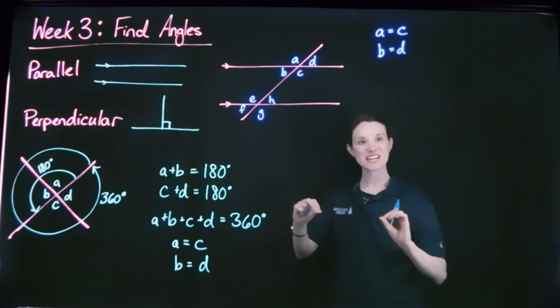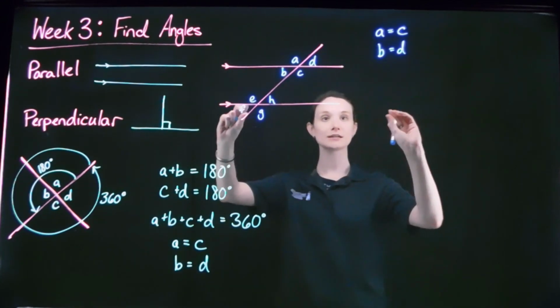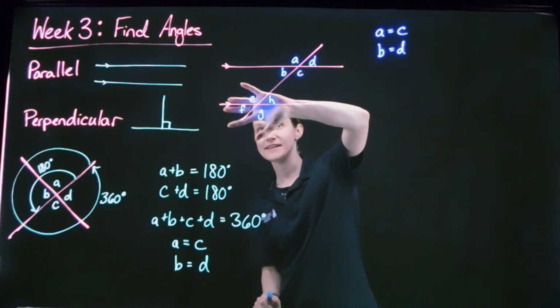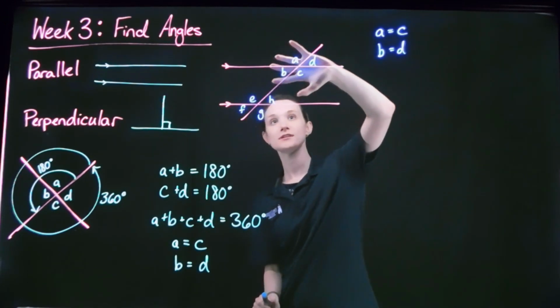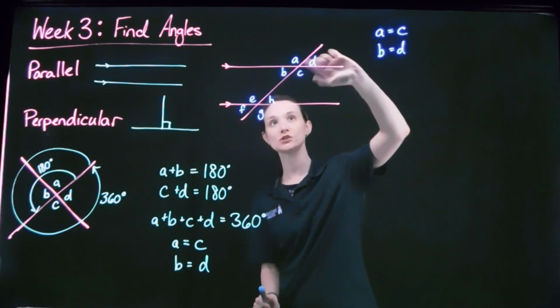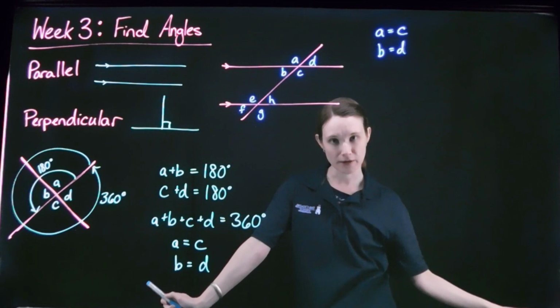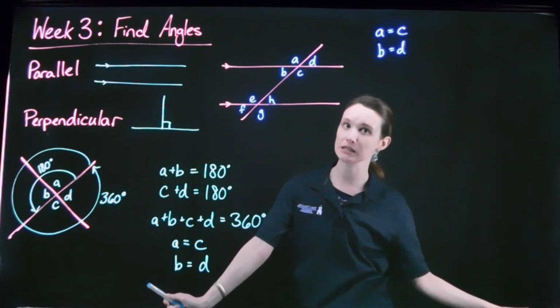But something interesting happens when we have two parallel lines. If I was to cut this out and slide it up, keeping this diagonal line in alignment, it's going to look exactly the same around this intersection. Kind of handy.